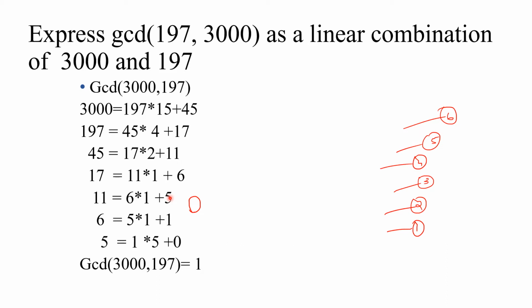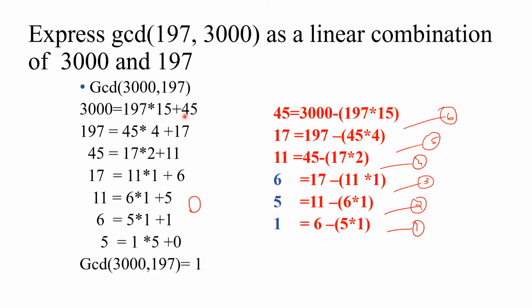So in the first scenario, we found the GCD of these two numbers. After that, we have to rewrite these expressions in terms of the remainder. The first remainder is 45, so we can write 45 equal to 3000 minus 197 into 15.